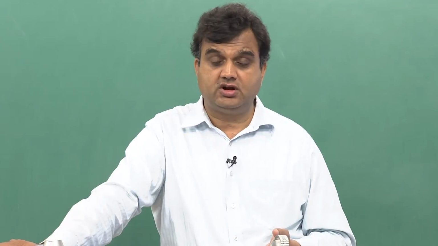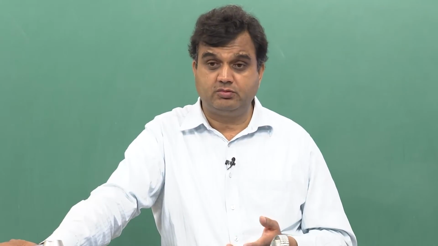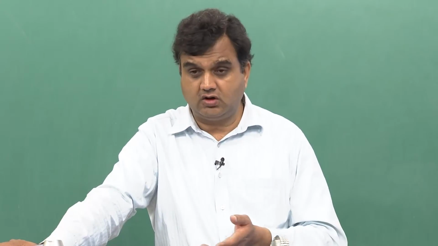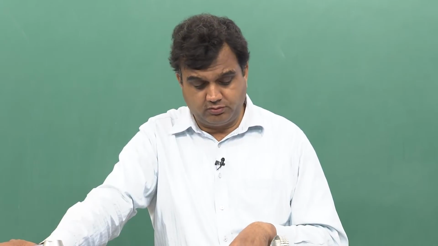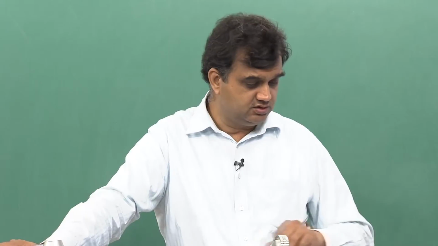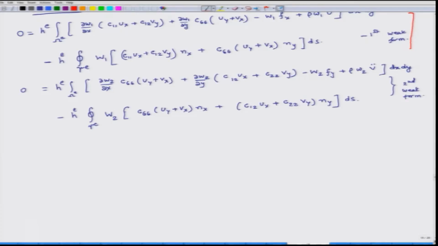And if the thickness of the body is extremely large, then you go for a plane strain assumption and you again appropriately choose your C's, but the problem formulation does not change. So, these are the two equations. This is the first equation, this is the second equation.